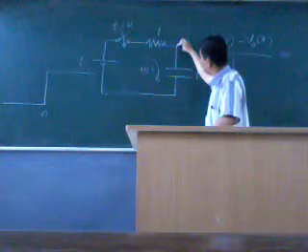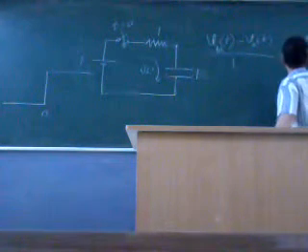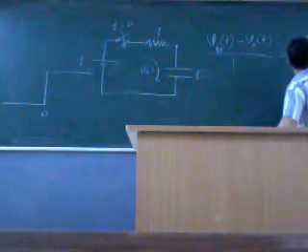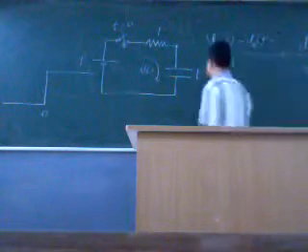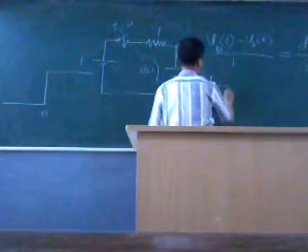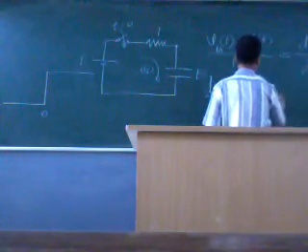This is equal to C dVo(t) by dt. That is, dVo(t) upon dt plus Vo(t) is equal to Vin(t).